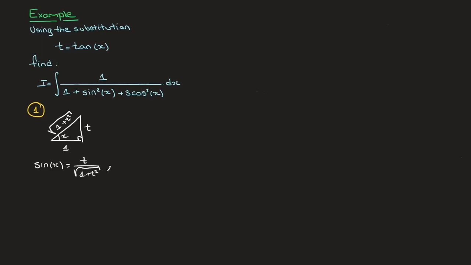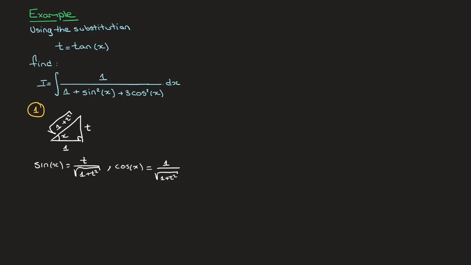And in a similar way, we can state that the cosine of x is equal to the adjacent over the hypotenuse. So that's 1 over the square root of 1 plus t squared. And now, squaring each of these two results, we can obtain expressions for sine squared of x and cosine squared of x.